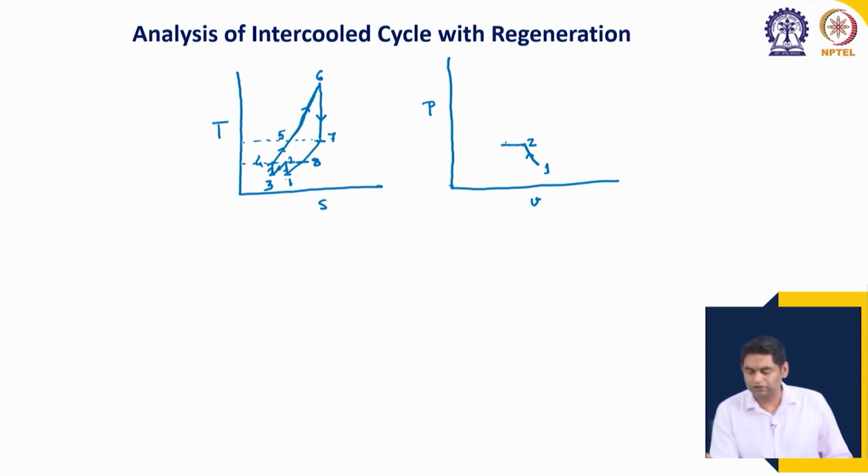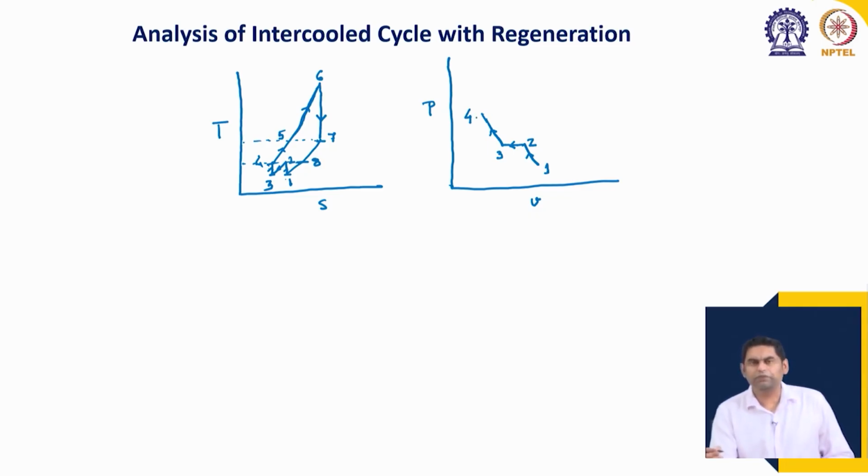So, line is horizontal, because we are removing heat at constant pressure, temperature and specific volume will go down. So, we go in this direction, this is 2 to 3, and then again another isentropic compression process, we go from 3 to 4. Okay. So, these are the two compression processes, this is the intercooling.